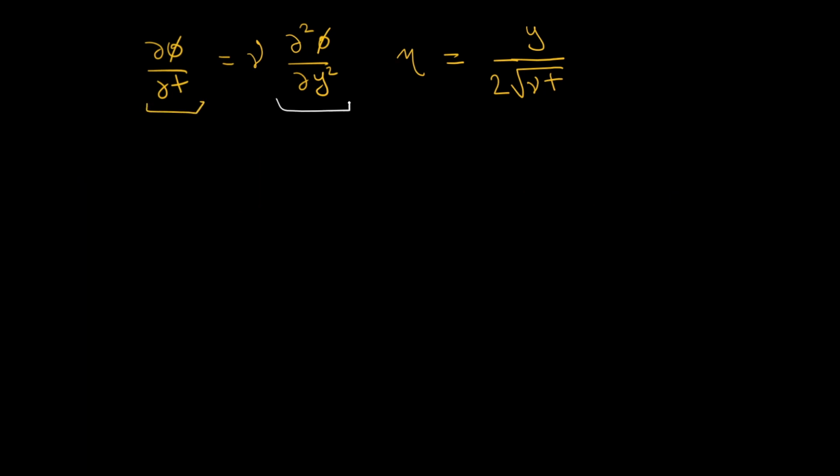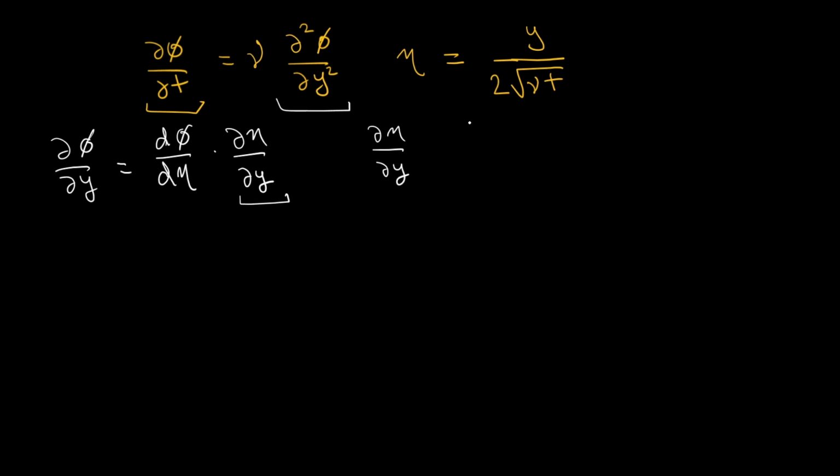Now we found this term, d phi dt. Next step is to find d squared phi dy squared. So first, let's just start with d phi dy. Again, similarly, we can use the chain rule. D phi d eta times d eta dy. And here now we have to figure out what is d eta dy. So we'll start with that, d eta dy. This one's a little easier. It's going to be equal to d dy of y over 2 times square root of nu t.